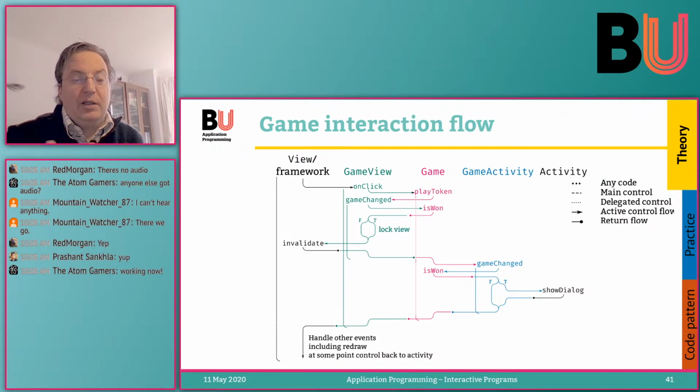Independently of whether you locked your view, you want to invalidate the view. So that goes into the view framework. The view framework does something. You don't really know what it does or how it does so. You shouldn't want to know. It's abstracted away. But invalidate is there.